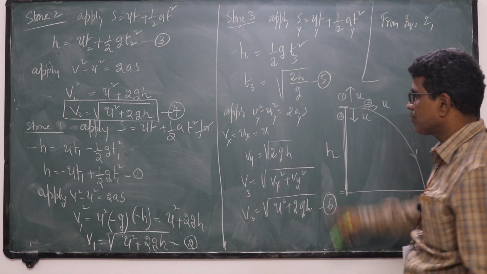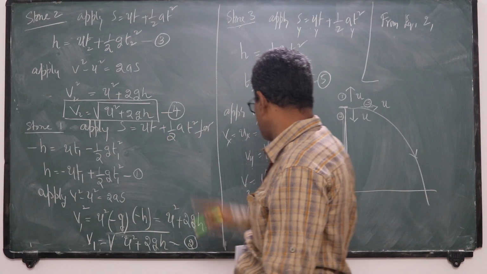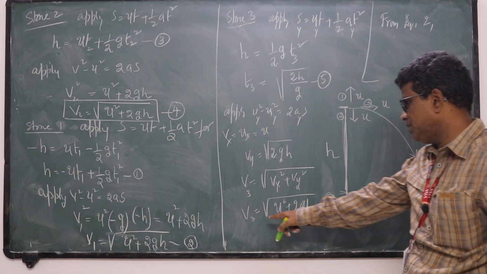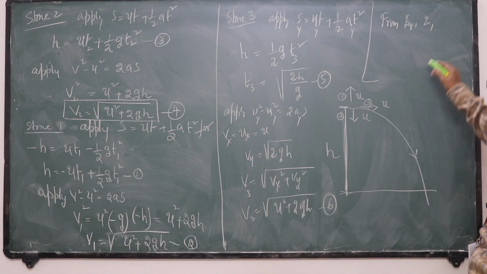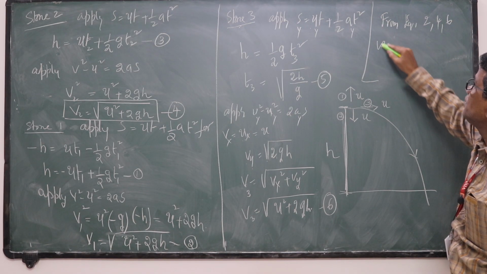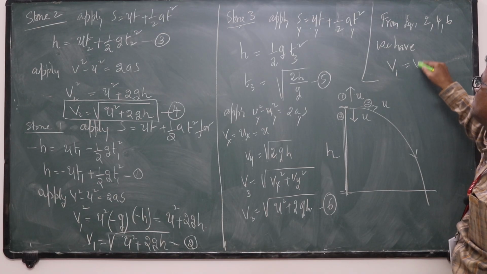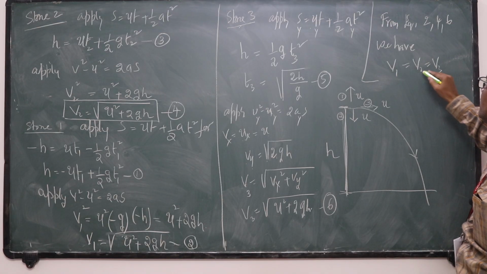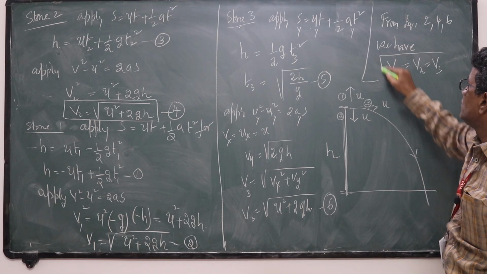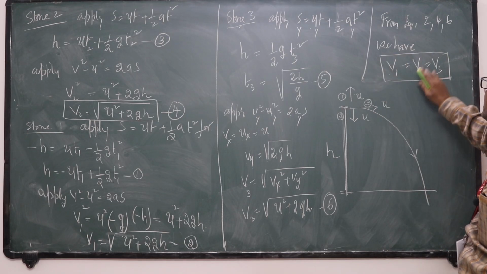From 4, V2 is equal to the square root of u square plus 2gh. From equation 6, V3 is equal to the square root of u square plus 2gh. From equations 2, 4, 6, V1 is equal to V2 is equal to V3. So this is the relation between V1, V2, V3.